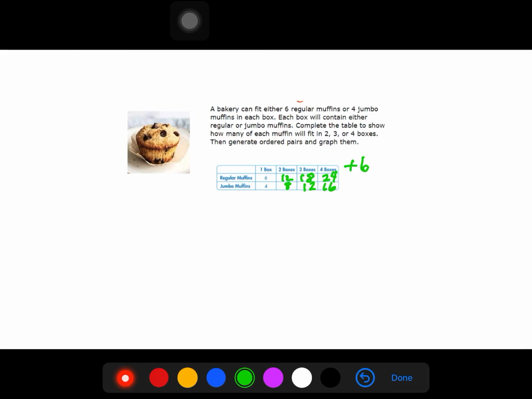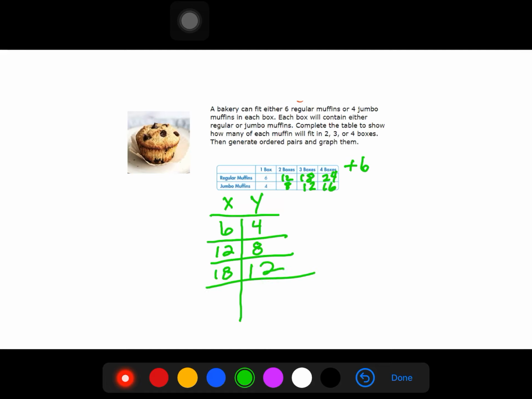Well, let's let the regular muffins be X and the jumbo muffins be our Y coordinate. So 6 and 4, 12 and 8, 18 and 12, and 24 and 16.